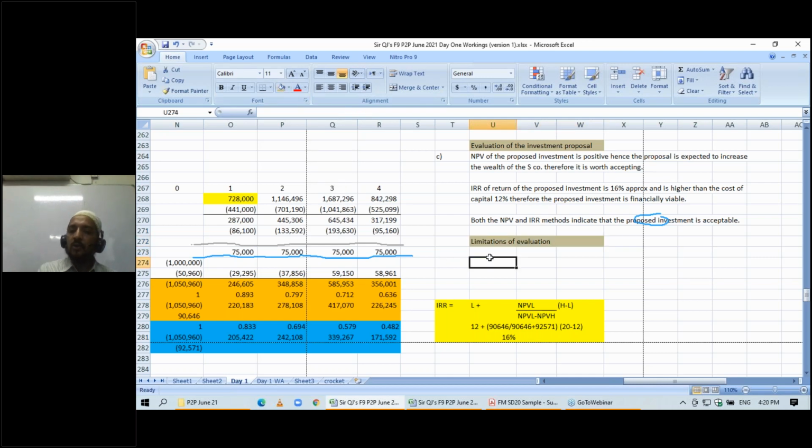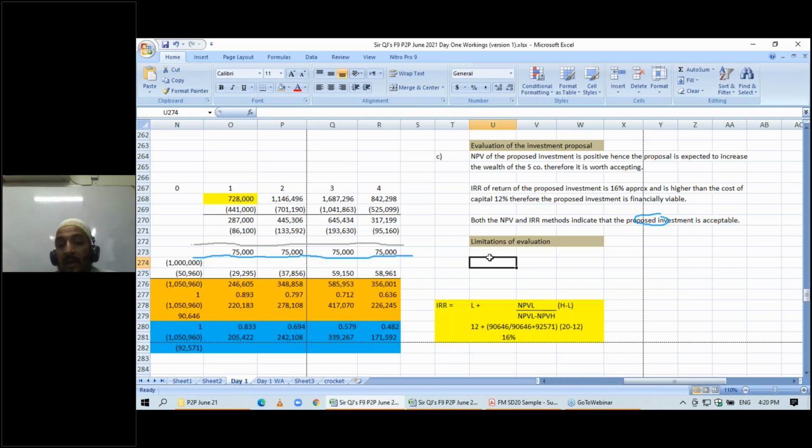By limitation of evaluation, we mean that the information is either short, and on the basis of short or limited information, we are not able to completely evaluate the proposed investment, and we need that information.